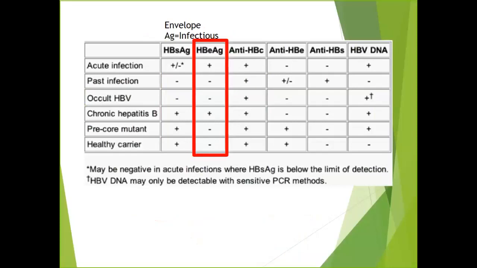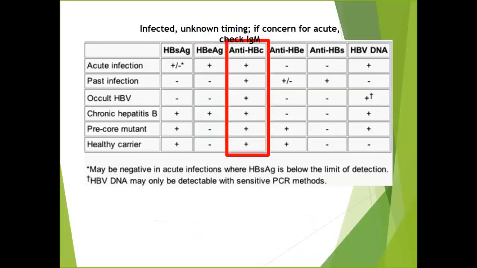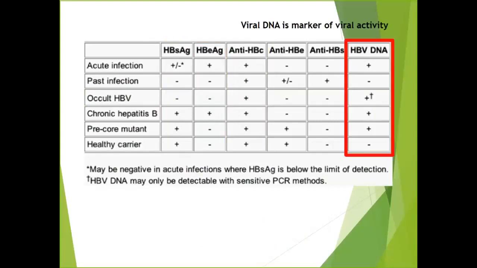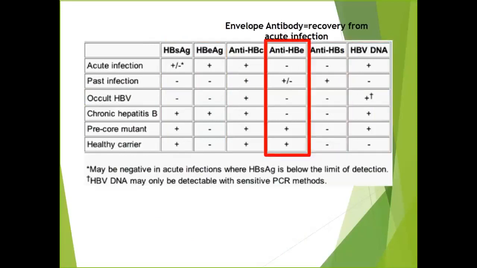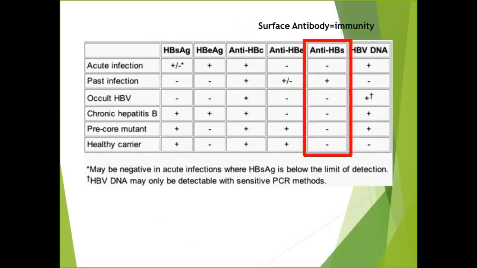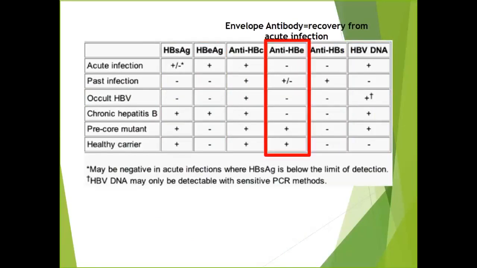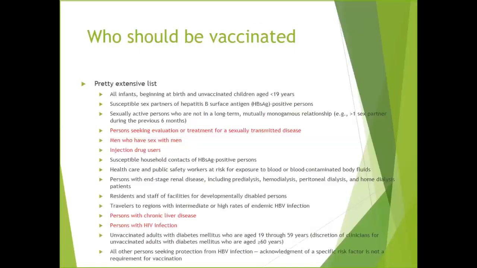Many patients, especially older patients, won't actually get there. This is acute infection because we're talking about IgM. Okay, and then the hepatitis B DNA can actually be measured, much like with HIV. Antibody to hepatitis B surface antigen indicates protection, immunity, and that indicates recovery from acute infection or treatment.